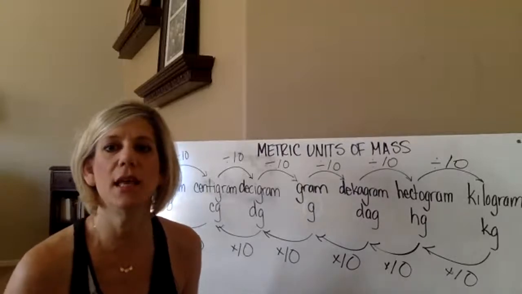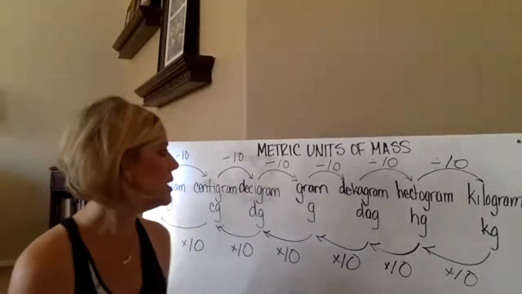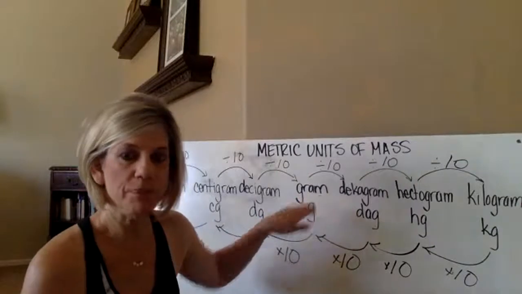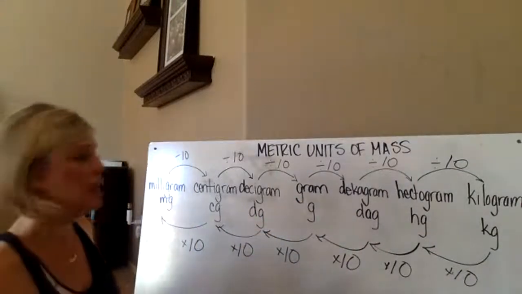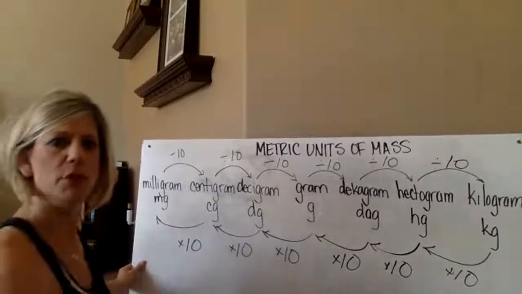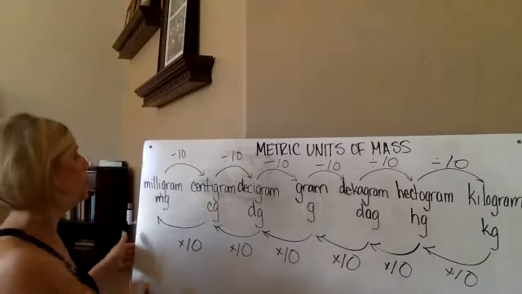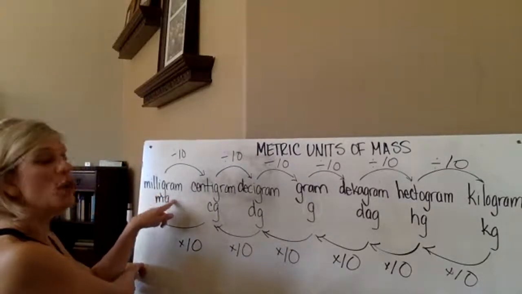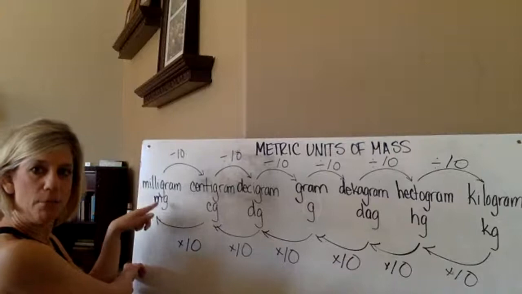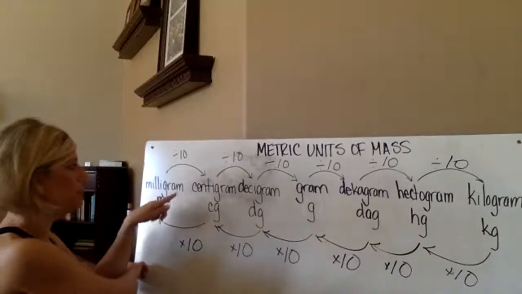Instead of using meters, we're just going to substitute the word grams. You'll see behind me, sorry, hard to see with the glare, we've got milligrams. So instead of millimeters, which was the last one, it's milligrams.